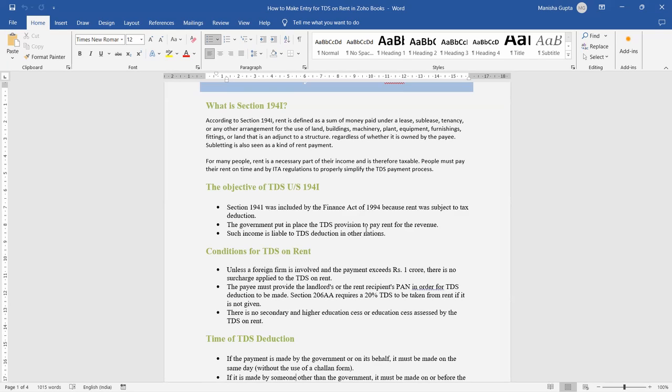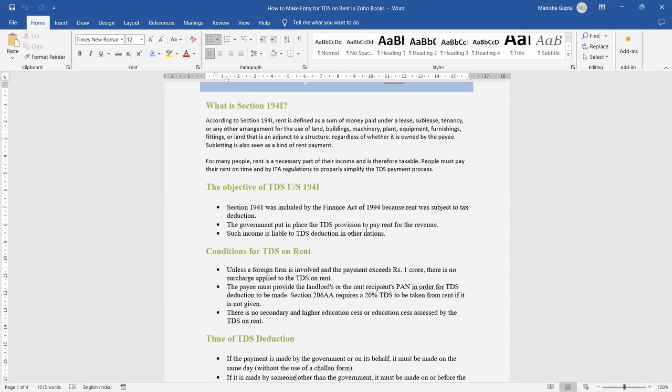When we pay the rent, it is a subject of tax deduction. The government put in place TDS provision on rent payment as revenue, so the government has taken rent as a revenue. So we have to deduct TDS on that.